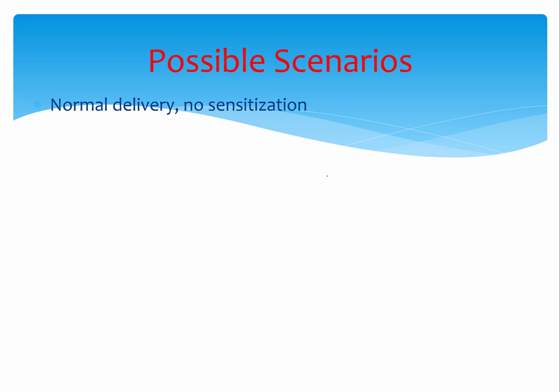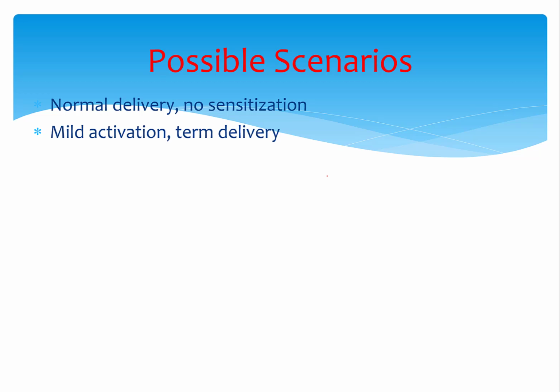So, with regard to a rhesus negative mother and a positive baby, these are the possible scenarios. They will deliver normally, no sensitization, there is no blood, insignificant amount crossing into the mother's system. There is mild activation, that means there has been some transfusion from the fetus to the mother.